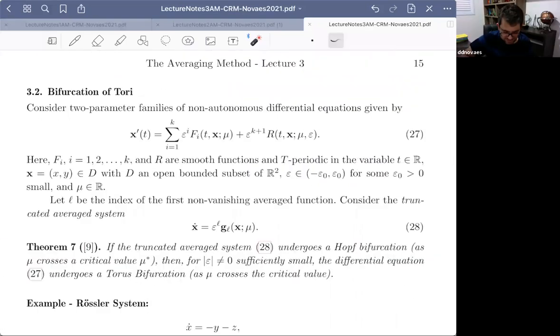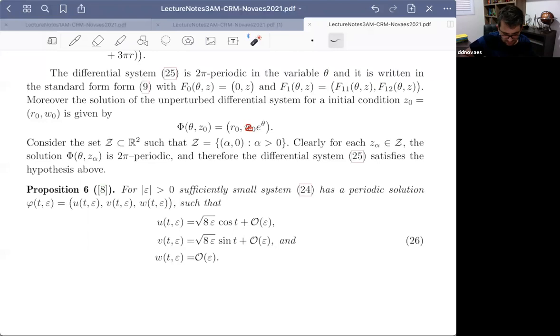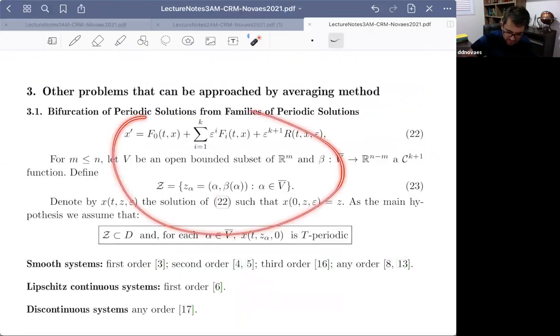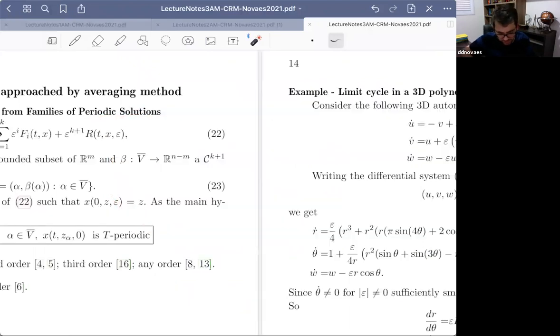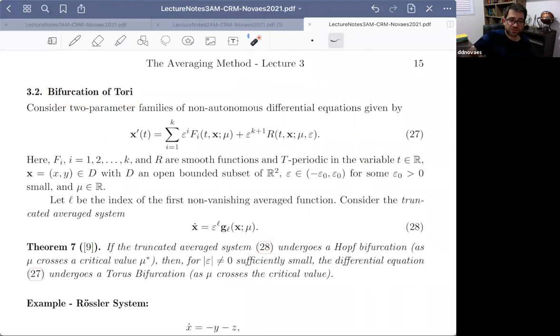Okay, so this is just a comment and an example of this problem, and let me show you another problem, but now relating bifurcation of invariant tori using the averaging method.